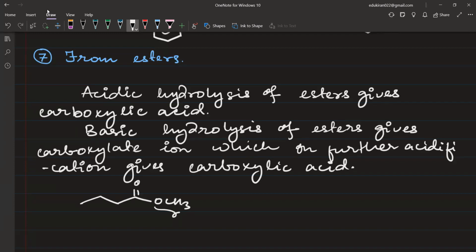So आपके पास ये fragment से क्या बनेगा? Alcohol, and this fragment makes a carboxylic acid.